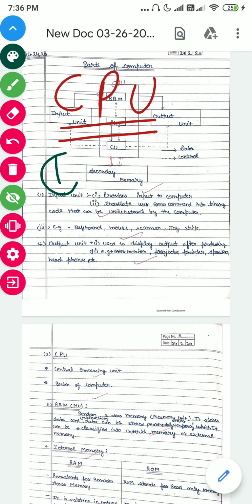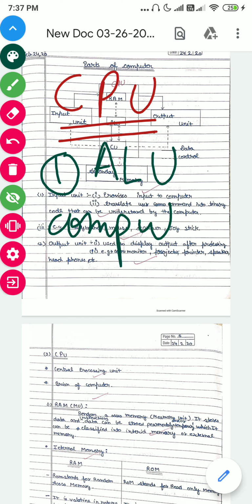First is the arithmetic logic unit. ALU stands for arithmetic logic unit. What does the ALU do? The ALU does all the computations, all the calculations. All the calculative part is done by the arithmetic and logic unit.